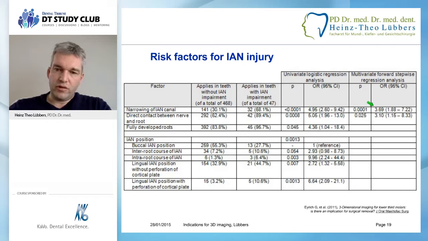Number one, which raises the risk by around 3.6 or 3.7, is a narrowing, so if the mandibular canal narrows close to the root. And the second independent factor is direct contact between the nerve and the root. All other factors about the position and fully developed root are somehow dependent on this factor, so they are not independent in correct analysis.